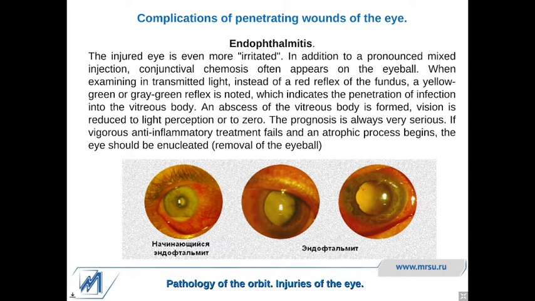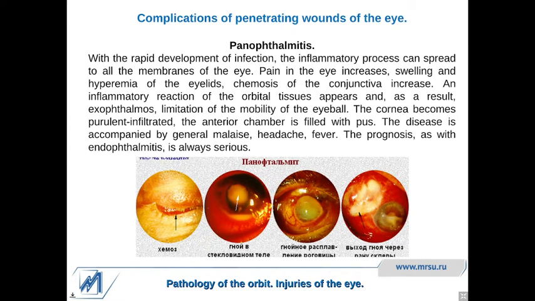The next severe complication of the trauma is panophthalmitis. Panophthalmitis is the inflammation of all layers of the eyeball, of all structures.